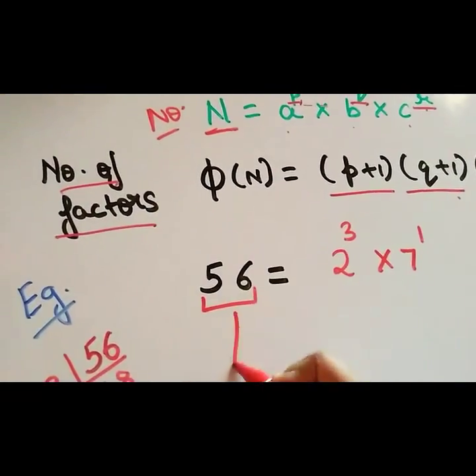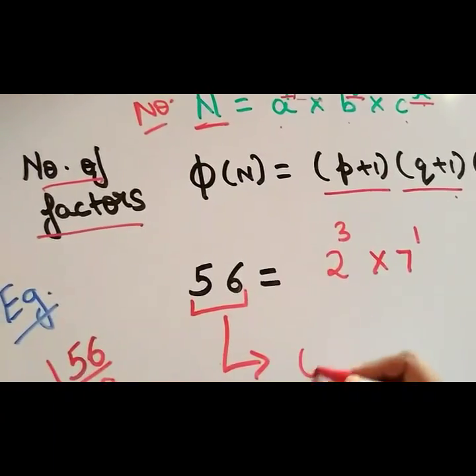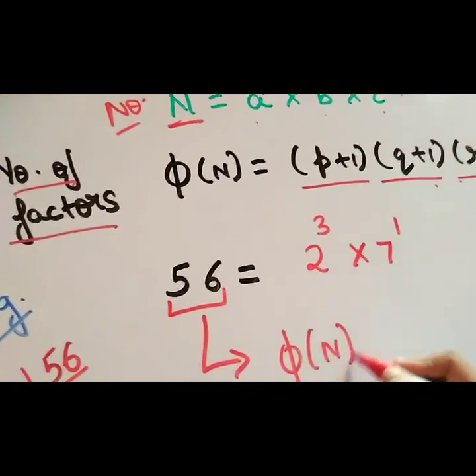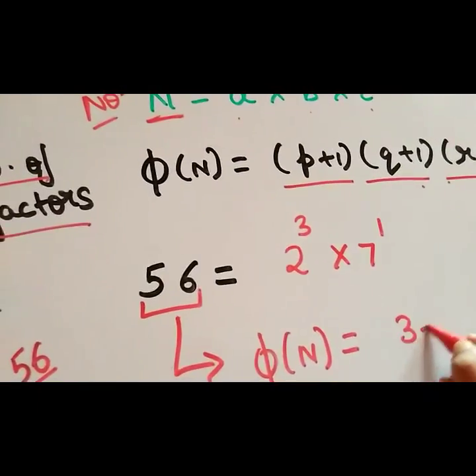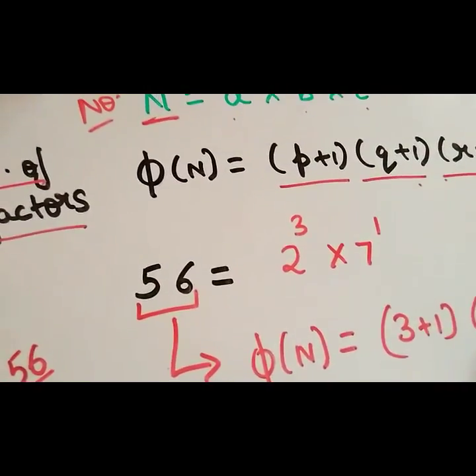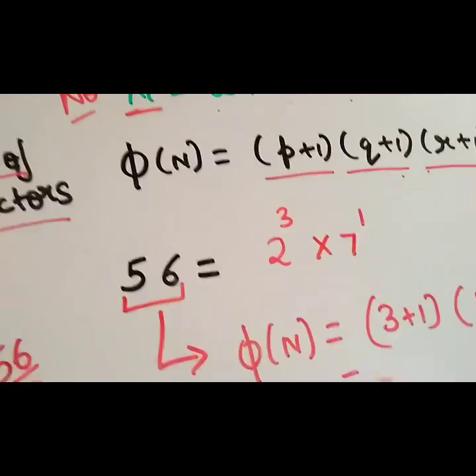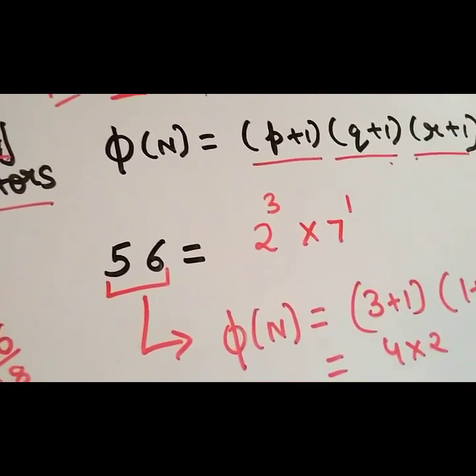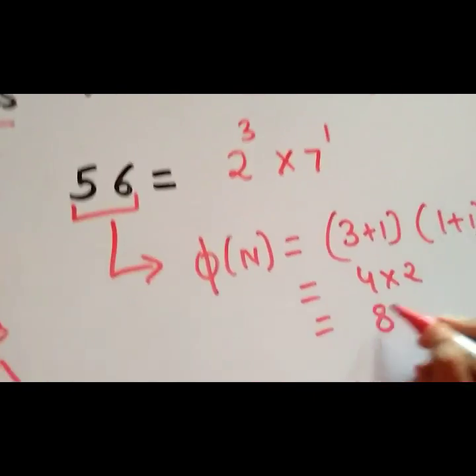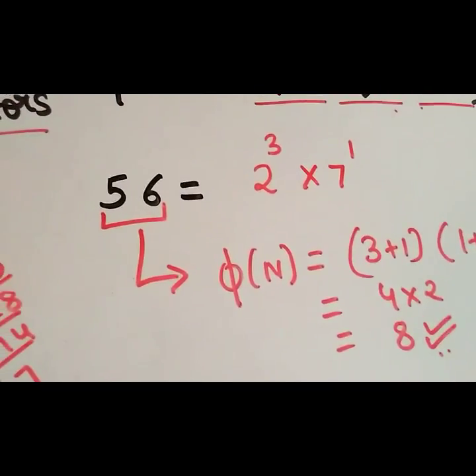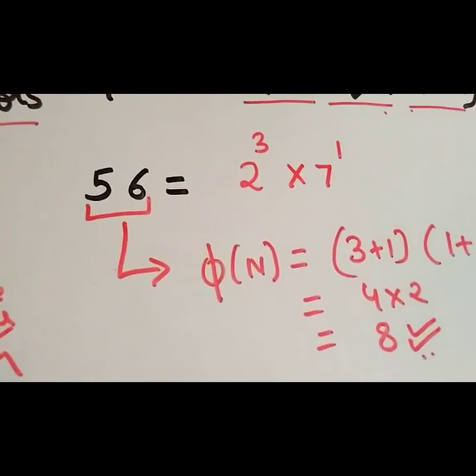So 56 has total number of factors as (3 plus 1) into (1 plus 1), that is 4 into 2, that is 8. Total number of factors is 8.